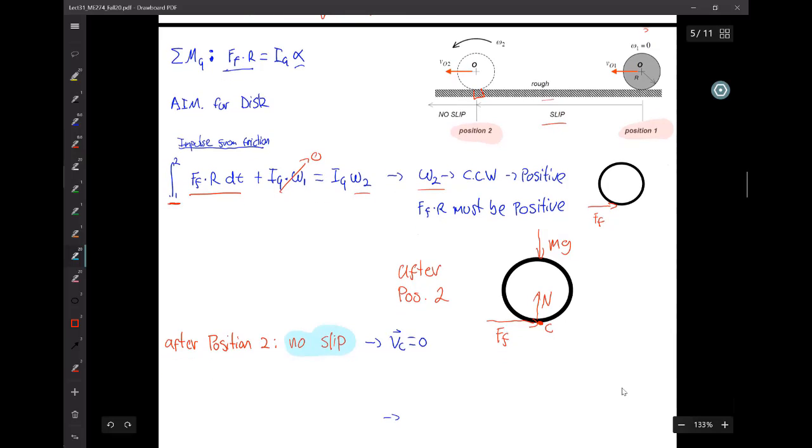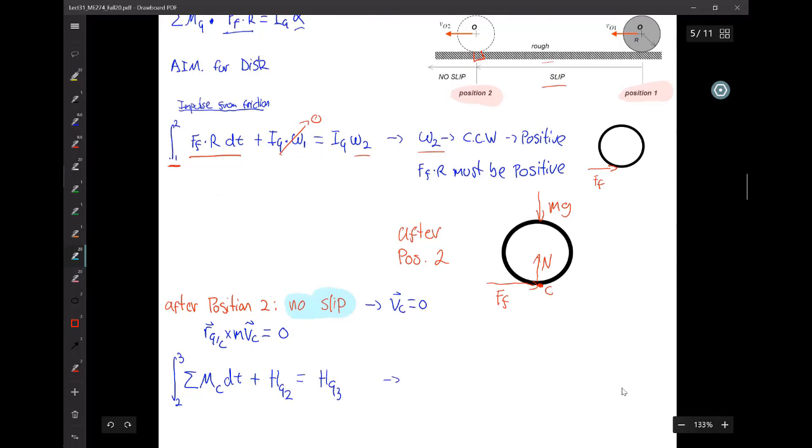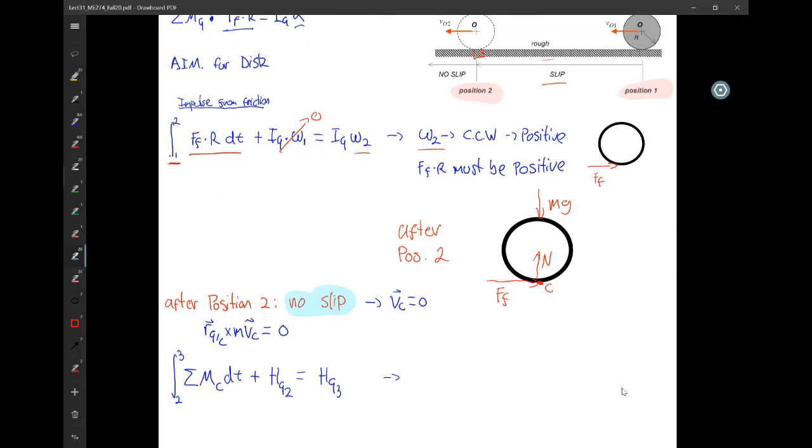So when we have that, now we can say, all right, that second term that I want to get rid of, it's working if I take moments about point C. So I can do that. And what we get when we have no slip is that this term, the impulsive part, the impulse, is 0, and we have conservation of momentum.